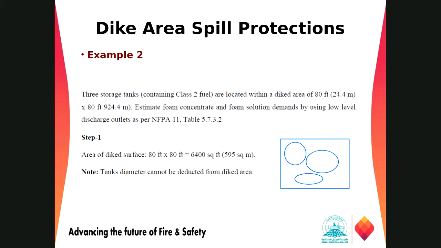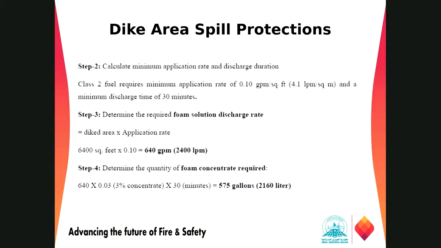We have to consider all those areas, so we don't have any allowance to use only the free space. We have to use the complete diking area, which in this case is 6,400 square feet, including the area inside the dike.